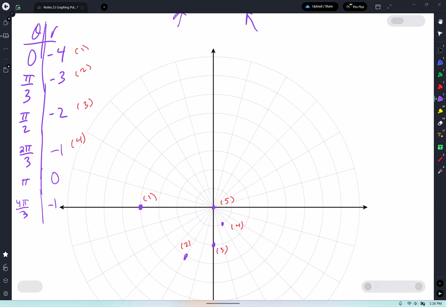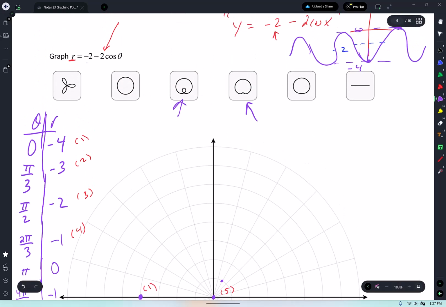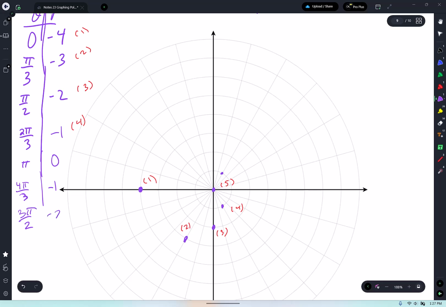So I'm going to be in quadrant 3, right? Point. And what's the next point I'm going to choose? 3 pi over 2. If I choose 3 pi over 2, I get 0, I get -2. 3 pi over 2, -2, I'm up here. 1, 2, point.